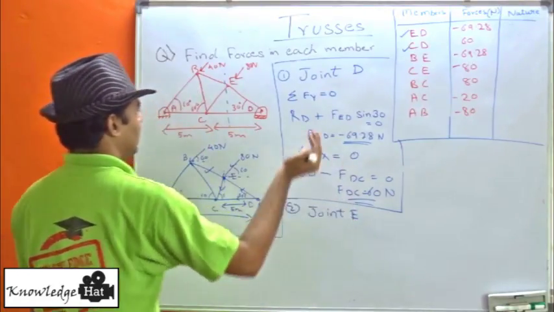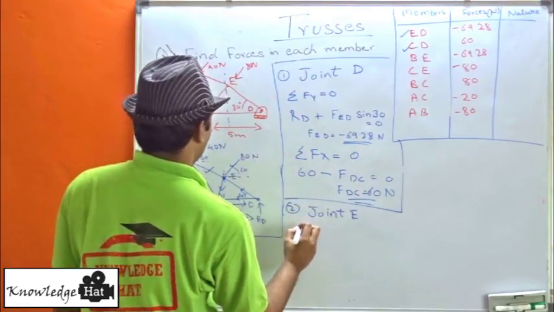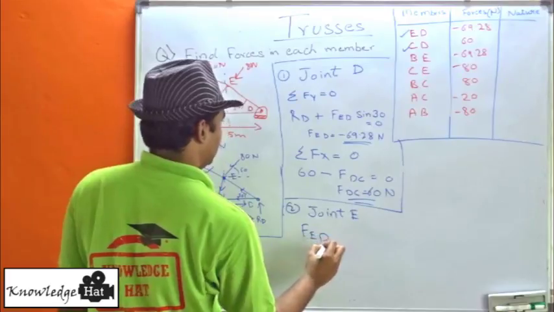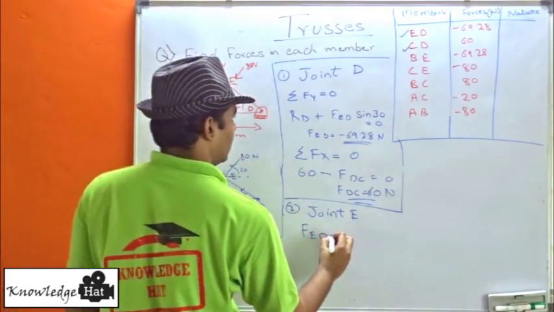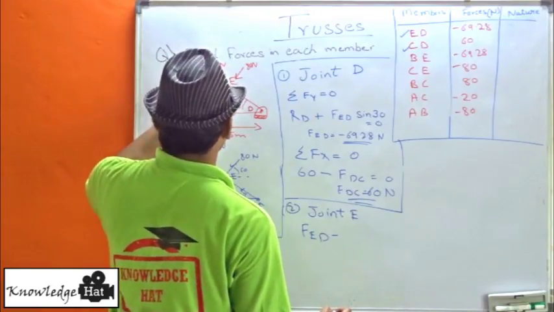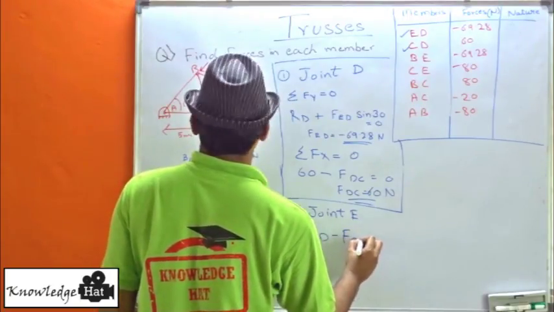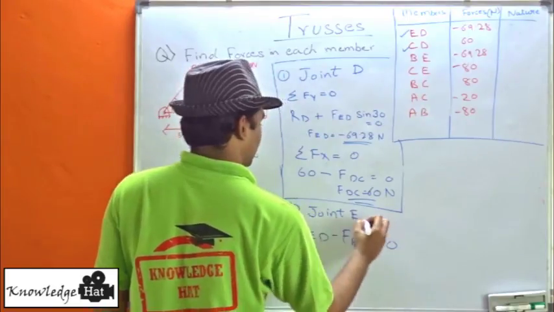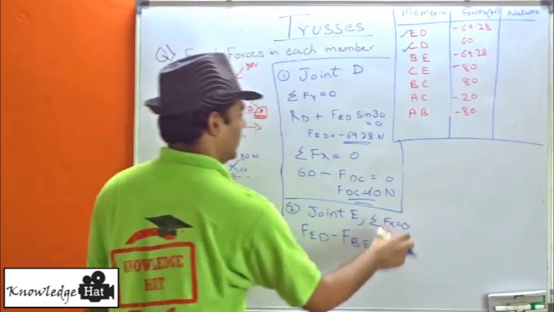So taking that assumption, our force F of ED would be in positive direction, and minus force F of BE would be equal to 0, because we are taking summation Fx is equal to 0.